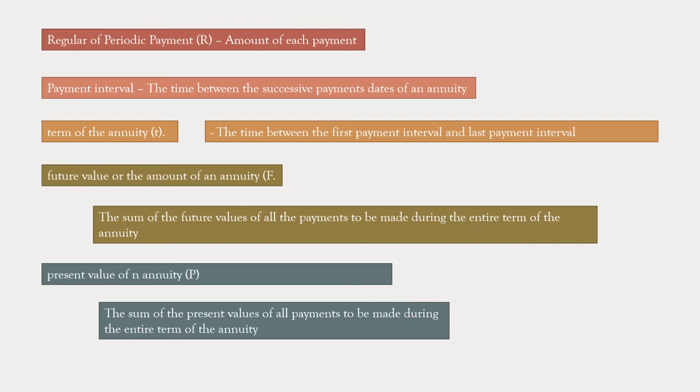We have the term of the annuity, which is represented by small letter t. This is the time between the first payment interval and the last payment interval. Term of annuity naman.